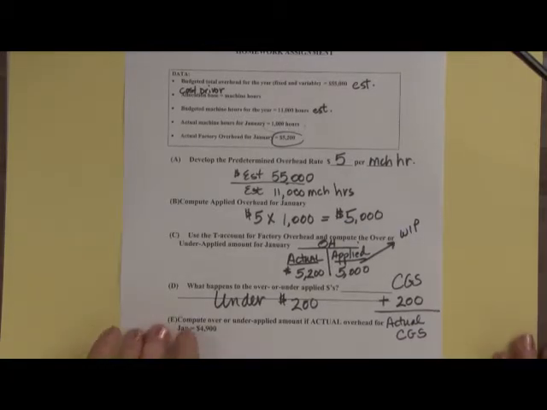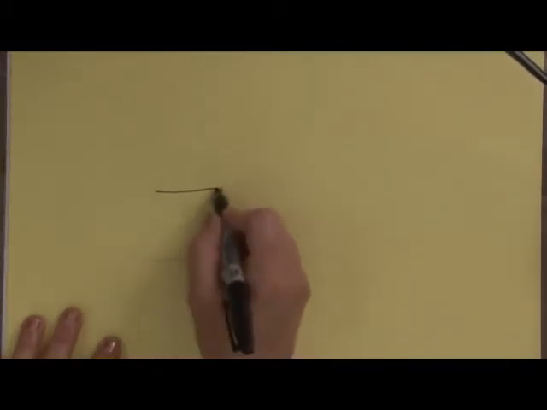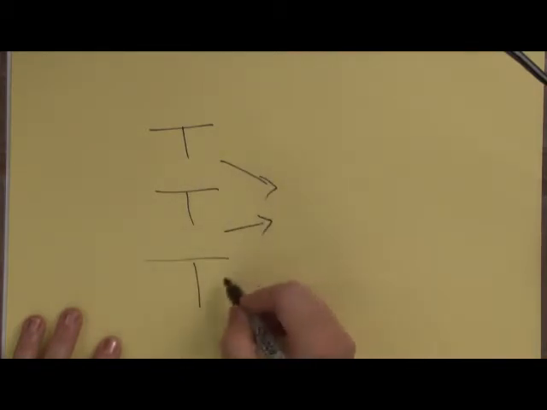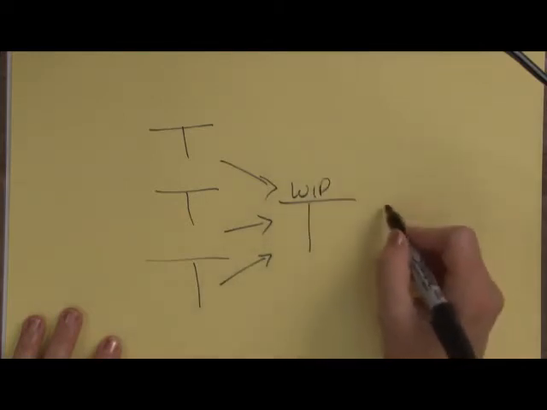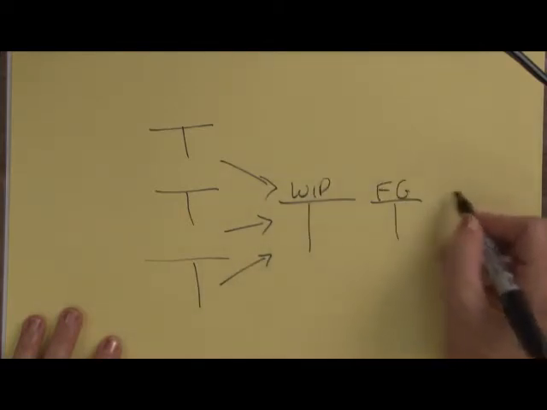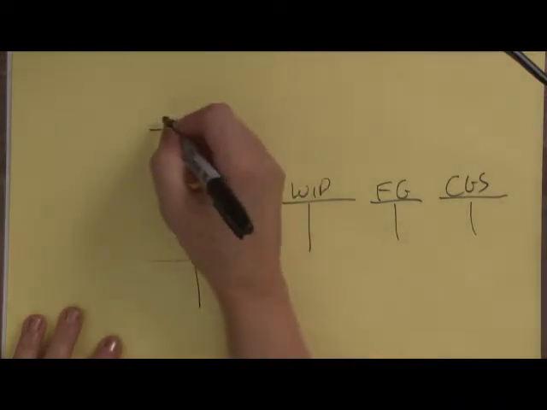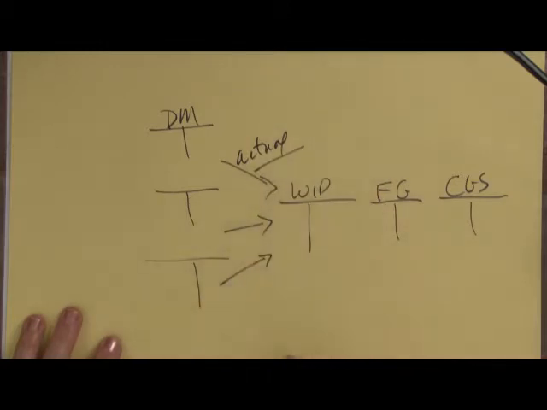And let me show you that again. I'll look at the flow chart all the way across. We know we have material and labor and overhead feeding into work in process, which feeds into finished goods, which feeds into cost of goods sold. We know that direct materials come in here in a normal system at actual.